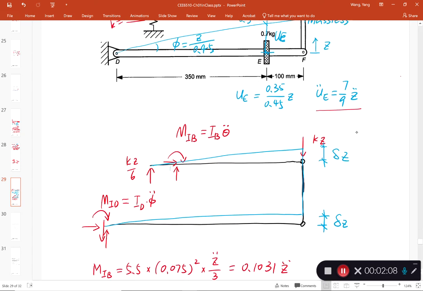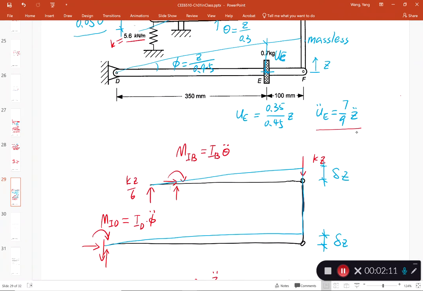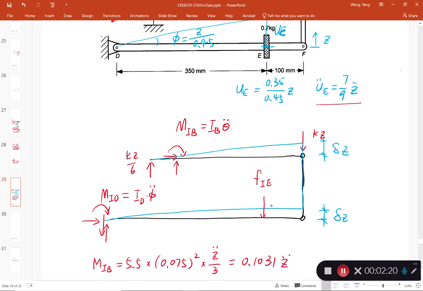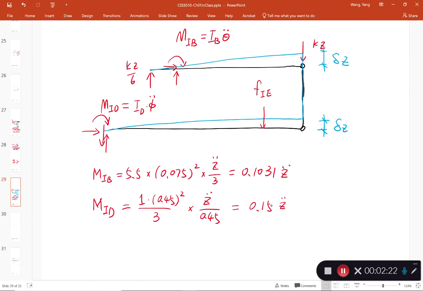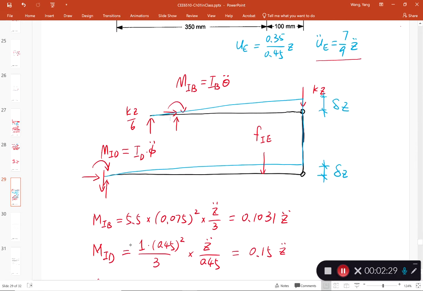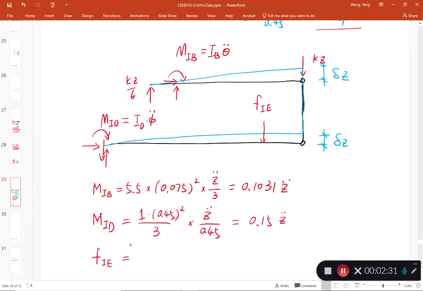I call this, going downward, FIE, the inertial force at E. And FIE is equal to the mass of E, that 0.7 kilogram at E, multiplying UE double dot.